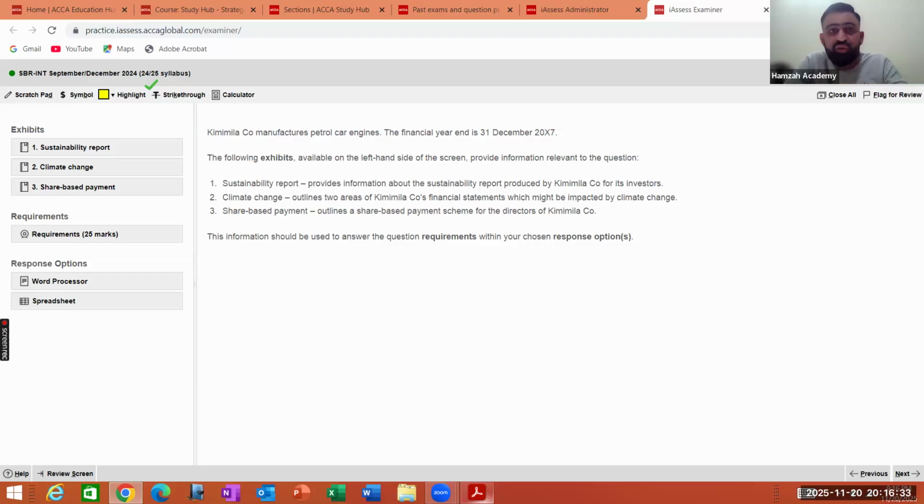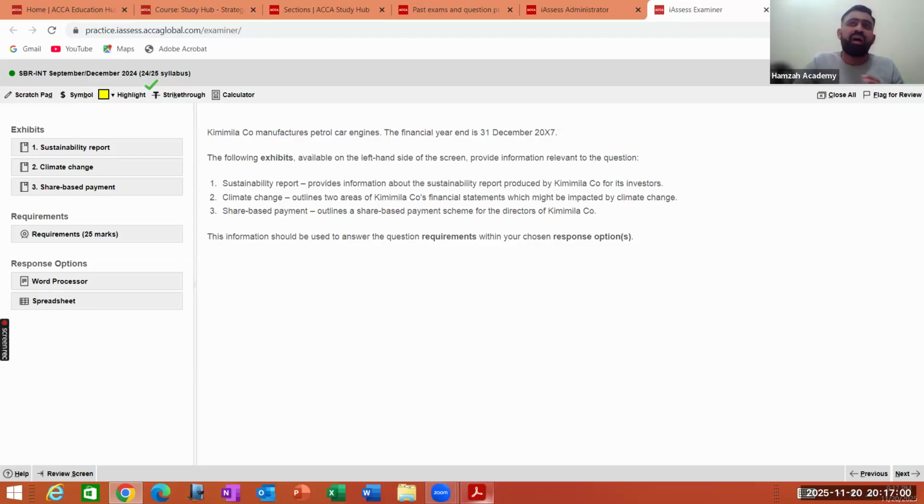Similarly, due to climate change, you might have to suffer trading losses, and if you carry them forward, you may have to recognize the deferred tax asset only to the extent that future taxable profits are available, and the availability of future taxable profit would significantly depend upon a stable climate.